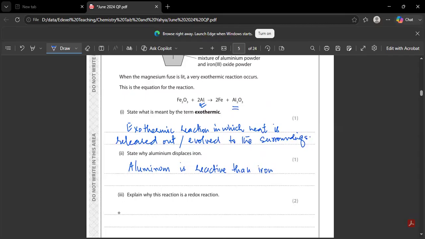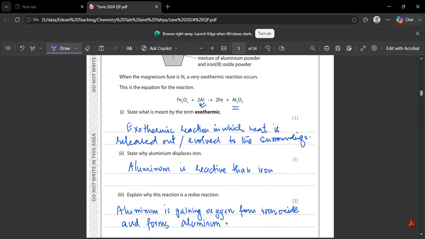So aluminium is gaining oxygen from iron oxide and forms aluminium oxide. Okay, right.